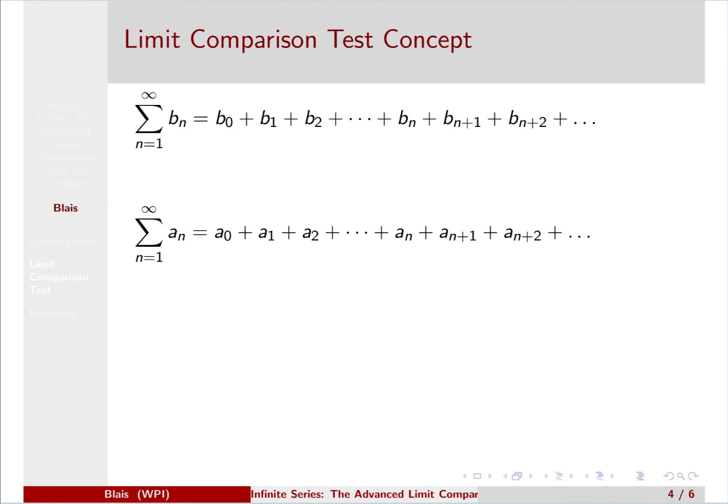And so if we think about this graphically, as we go down the line, as a sequence, the b sub n's are approaching 0 fast enough so that this sum converges.